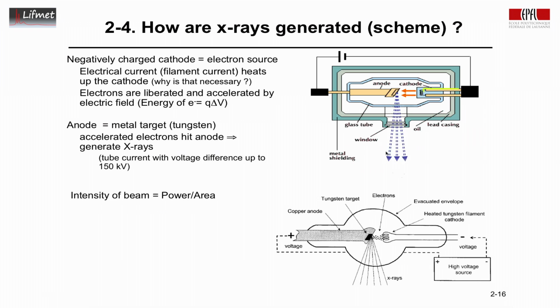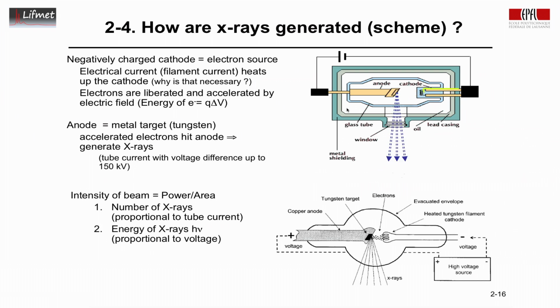Typically, the intensity of the beam is expressed as power per area. The beam is proportional to the number of X-rays. The number of X-rays is proportional to the number of electrons that hit the target, and the number of electrons that hit the target, the anode here, is proportional to the current in the cathode, so the filament current.